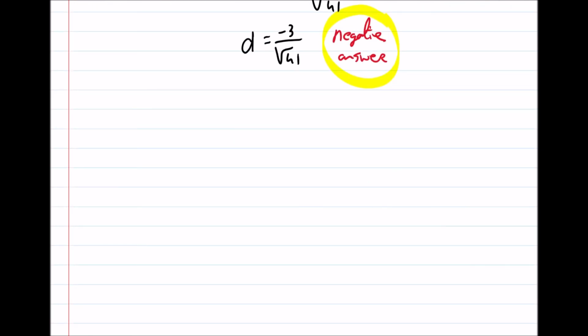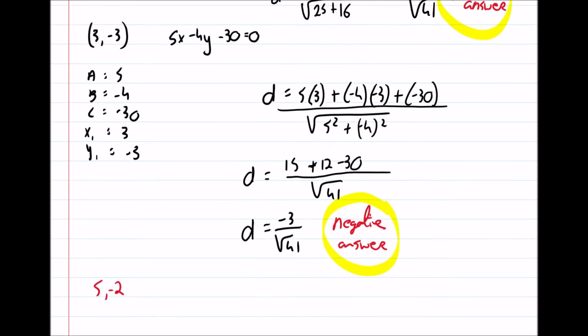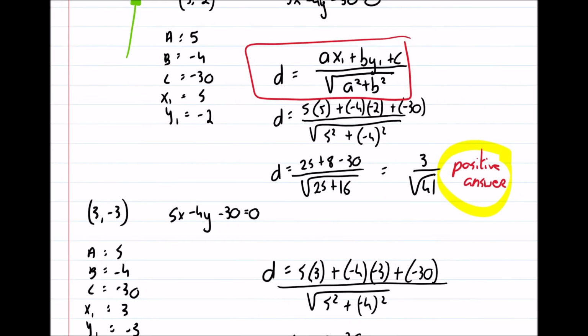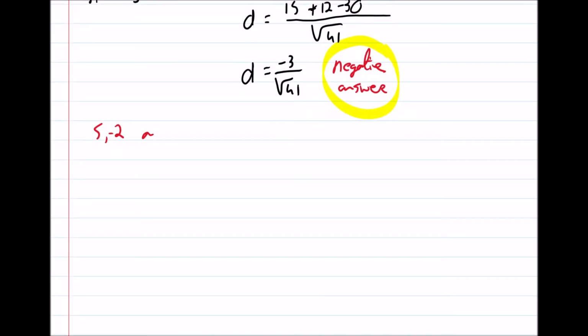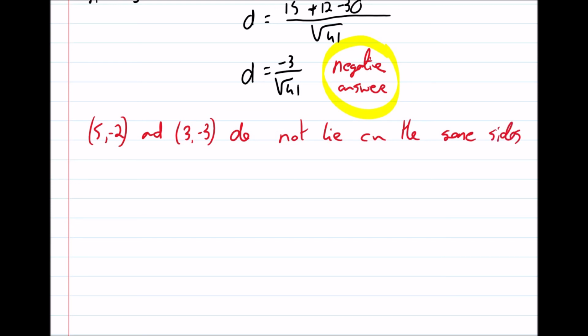We can say 5, minus 2 and 3, minus 3 do not lie on the same side of the line.